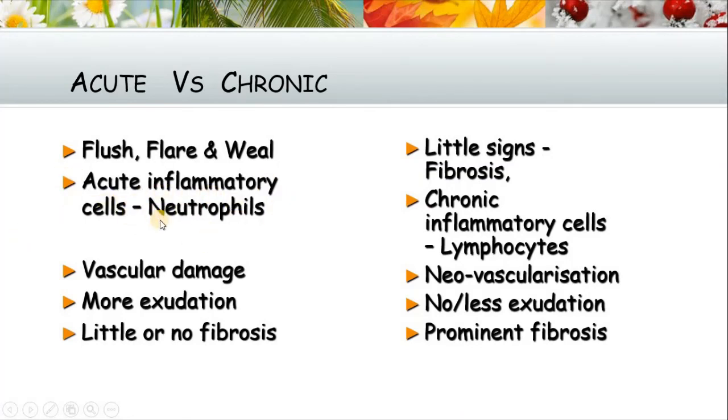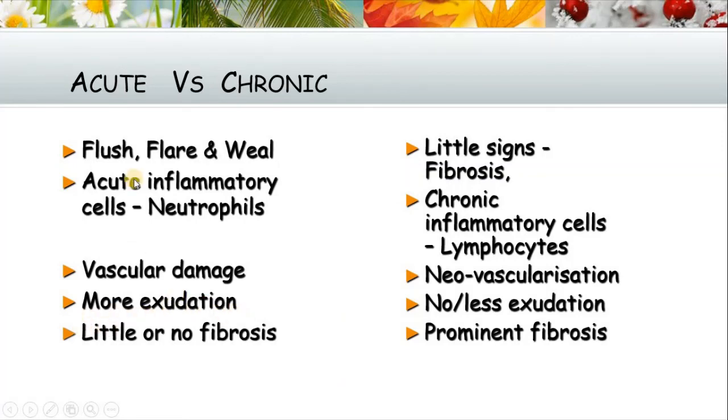Inflammatory cells: in acute inflammation, neutrophils; in chronic inflammation, lymphocytes. Single cell specific for acute is the neutrophil, and lymphocyte or mononuclear cell for chronic inflammation. Vascular damage is characteristic of acute inflammation, whereas neovascularization or angiogenesis is specific for chronic inflammation.